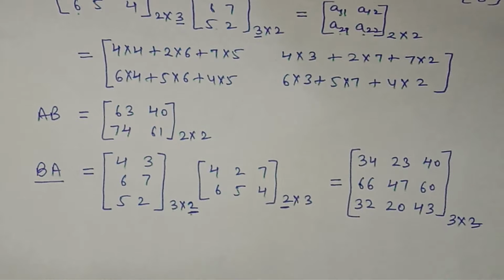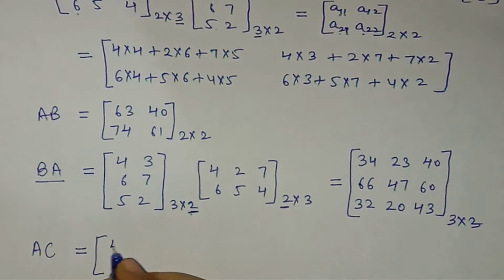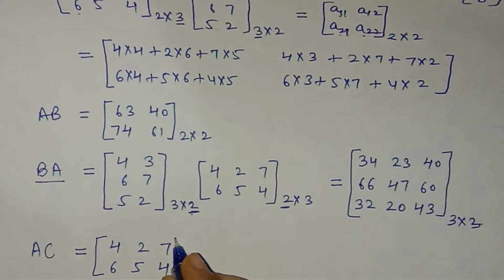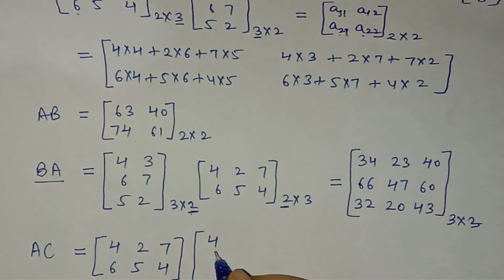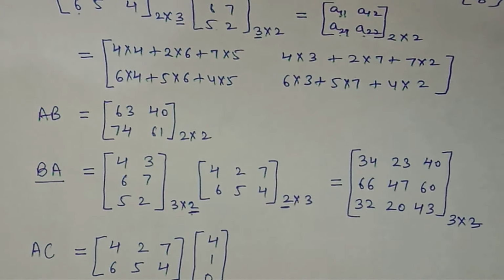Now, taking the example of matrix A and matrix C, that is multiplication of matrix A and C. Let's see, is it possible? In case of multiplication, you first need to check whether the multiplication between the two matrices will exist or not. The first matrix is of order 2 by 3, and the second matrix, matrix C, is of order 3 by 1.